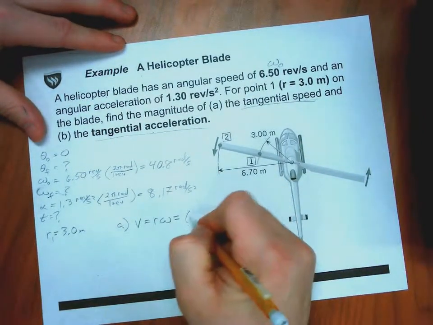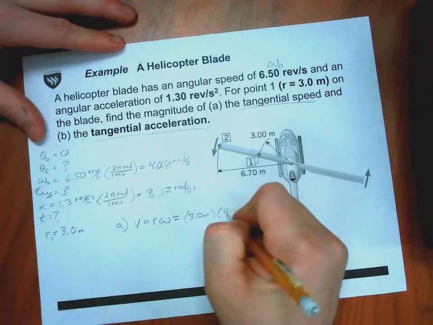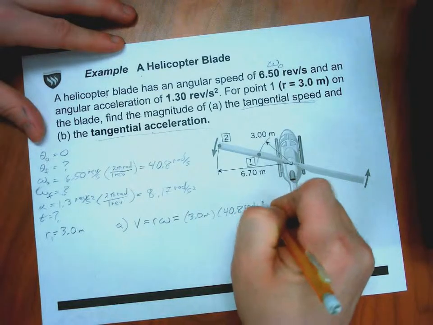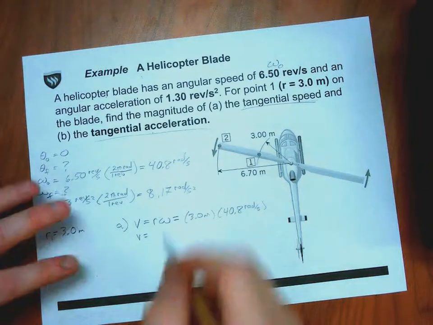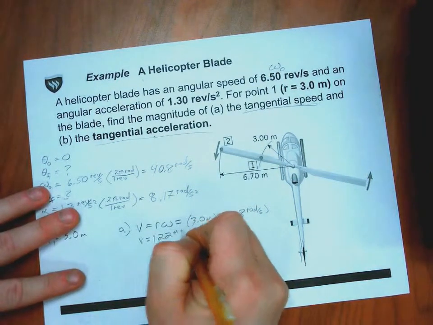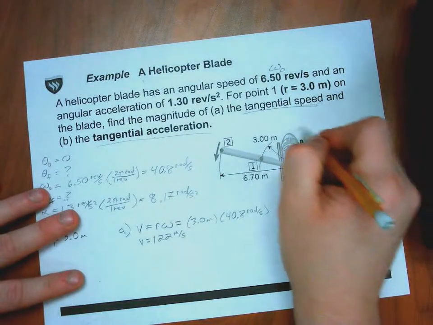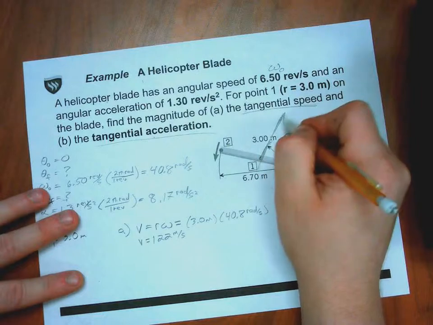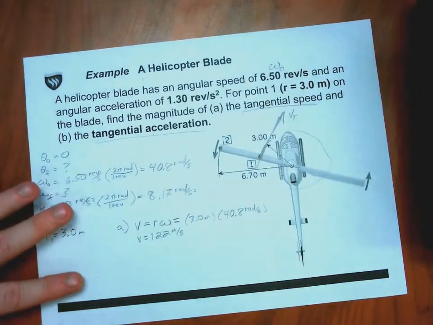We have R, 3.0 meters, and we have omega, which is 40.8 radians per second. That means our tangential velocity is 122 meters per second. So that is the linear velocity. So it's moving around in the circle. The linear velocity tangential to the circle is that right there.